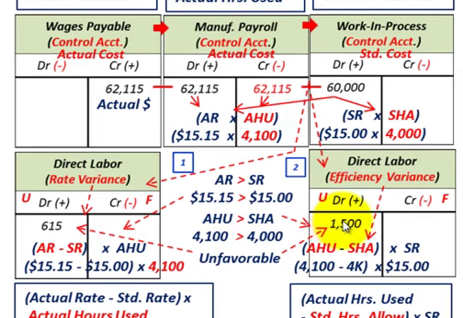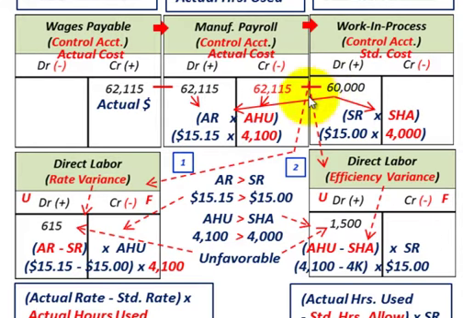So what is that total? $2,115. So that accounts for the difference between your actual cost and your standard cost of $2,115: $62,115 versus $60,000 in your standard cost.